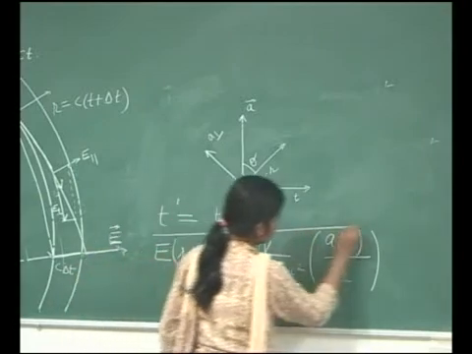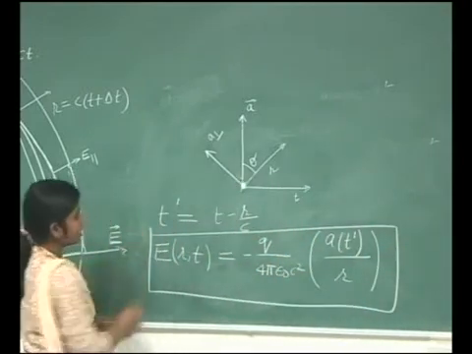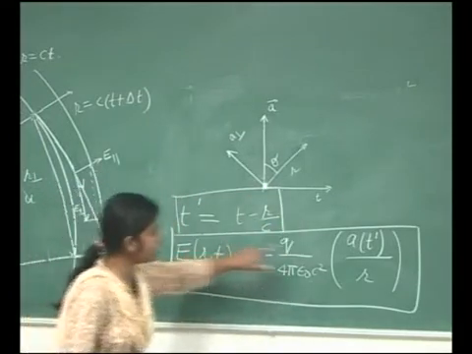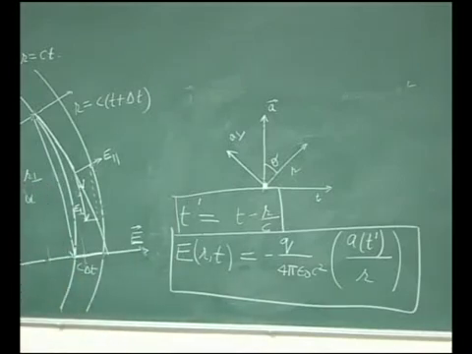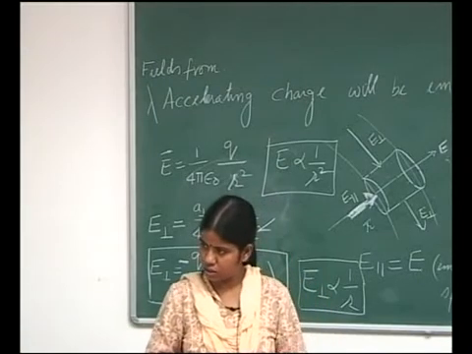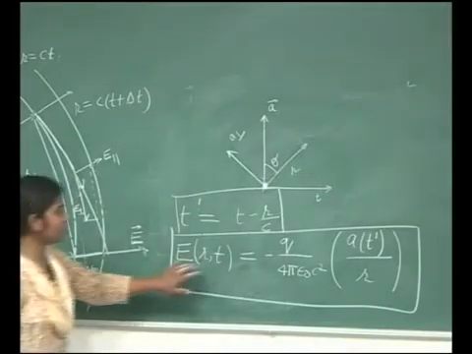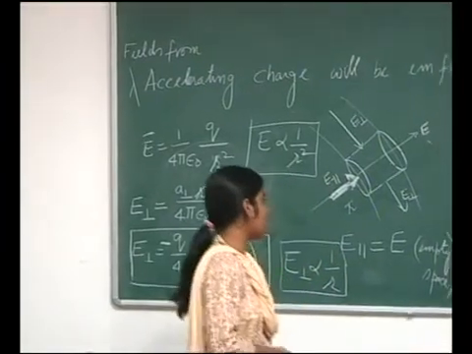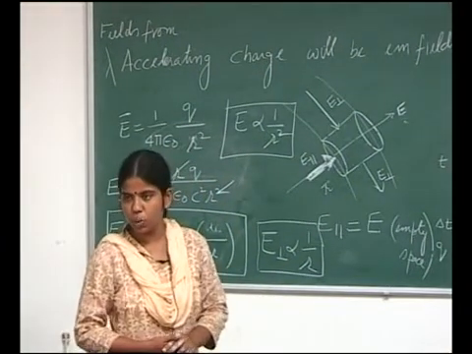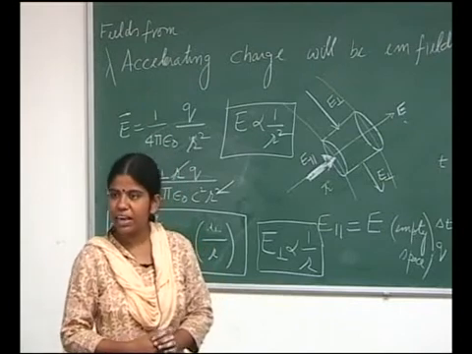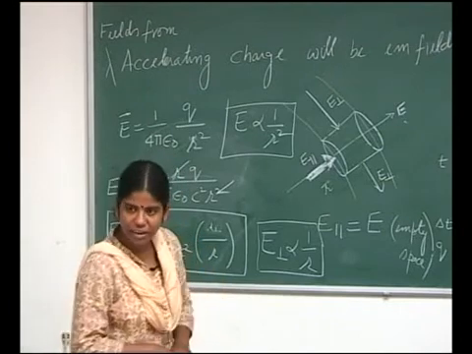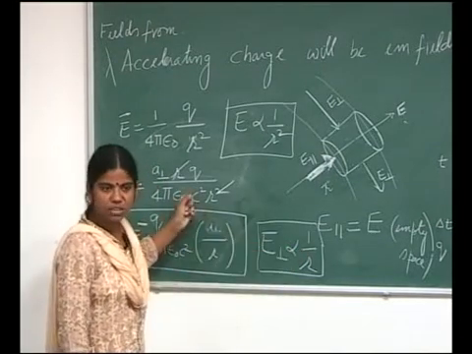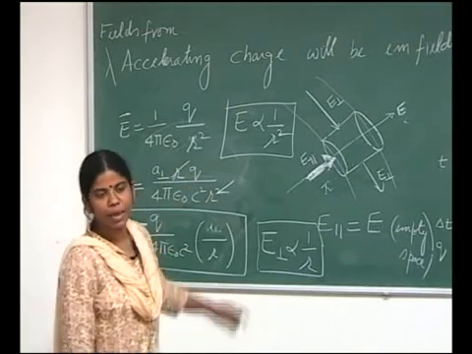This is the general form that you would see in the book, and this is the relationship between t and t dash. This is the perpendicular component of electric field. So, what we conclude is that an accelerating charge will produce a travelling electromagnetic wave with its electric field proportional to 1 by r, unlike a stationary charge, which is proportional to 1 by r square.